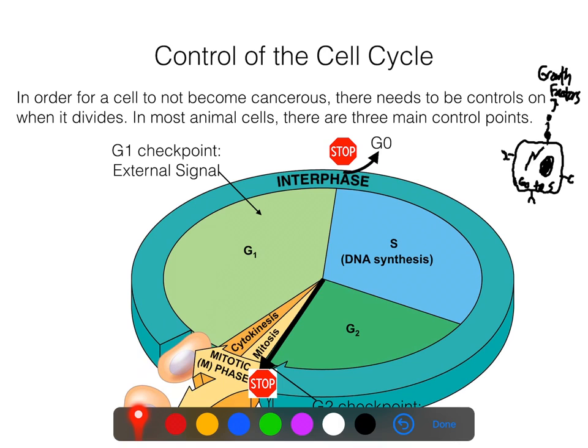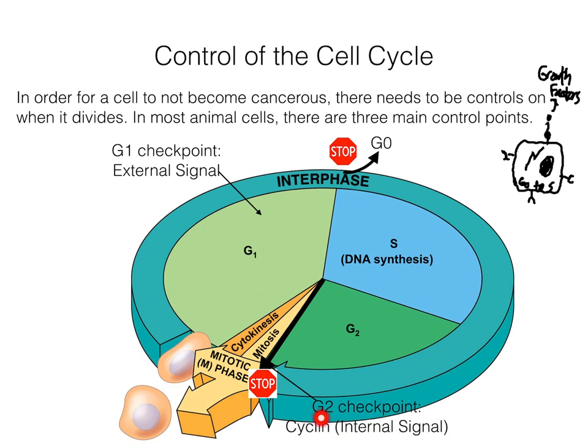But those that do get this chemical signal, this growth factor, will proceed into S and replicate their DNA. So they'll go through S and then get into G2, the second gap phase, and go through G2. The G2 checkpoint usually involves an internal signal rather than an external signal.